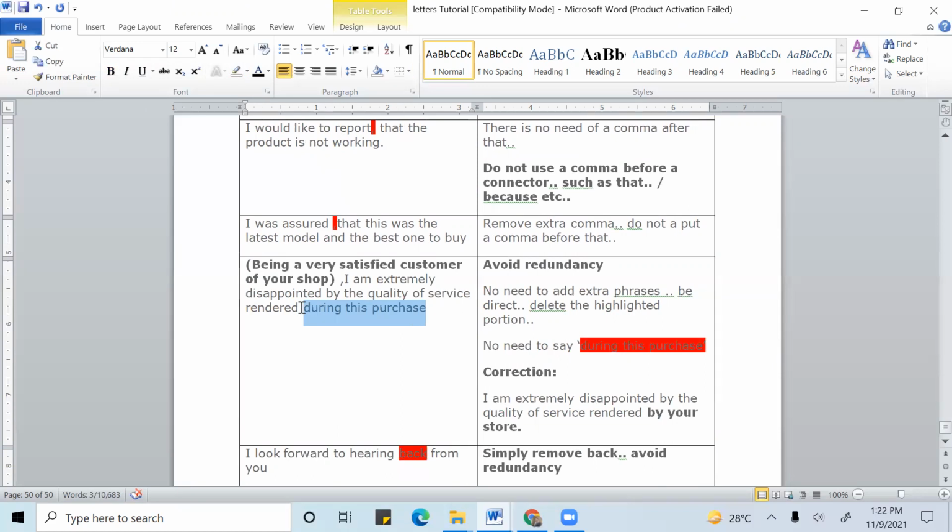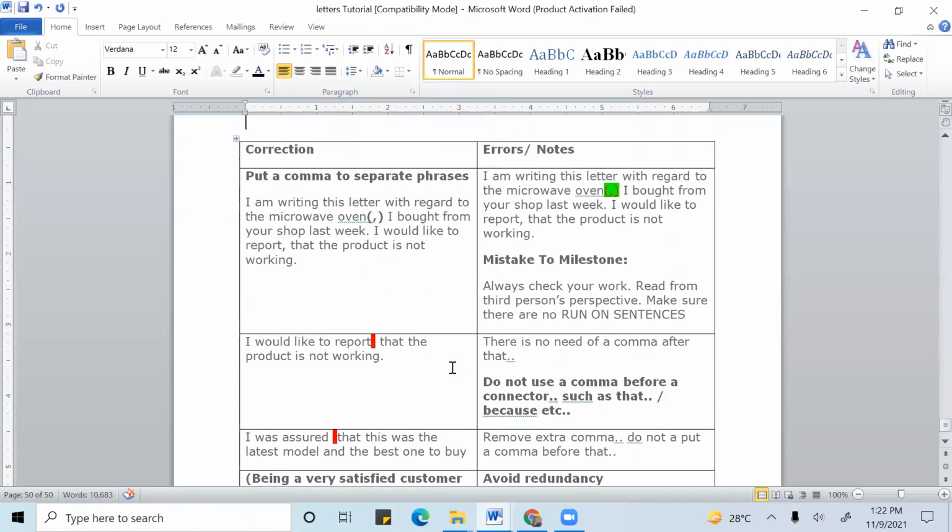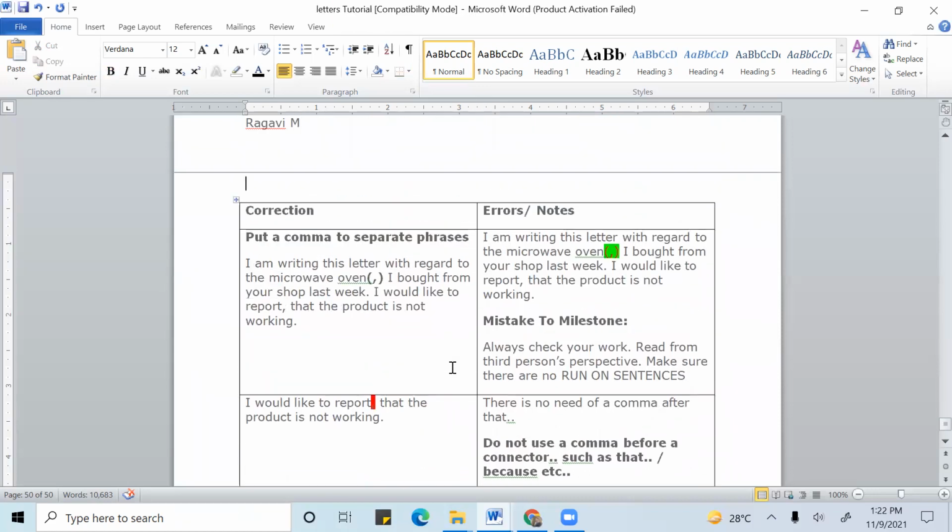Rendered by you. Why would you say during this purchase? Look at this. I'm extremely disappointed by the quality of service rendered by your store. So you should make it as simple as possible. No need to say during this purchase. So try to write as simply as possible and make sure that whatever errors you commit, you make a corrections log of this sort. This is called a corrections log.